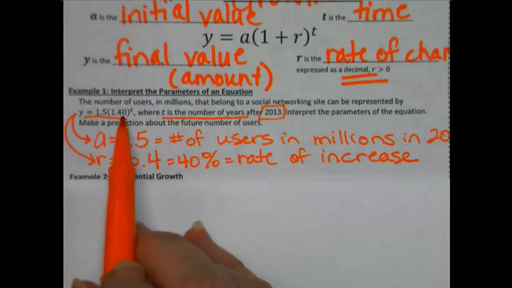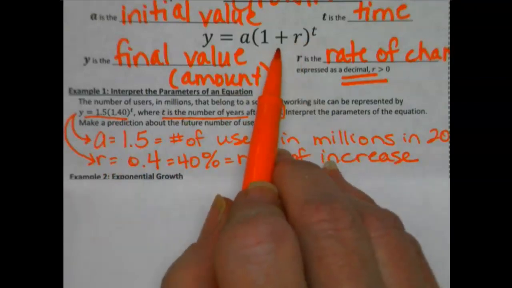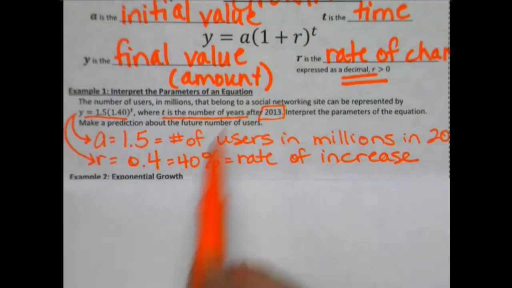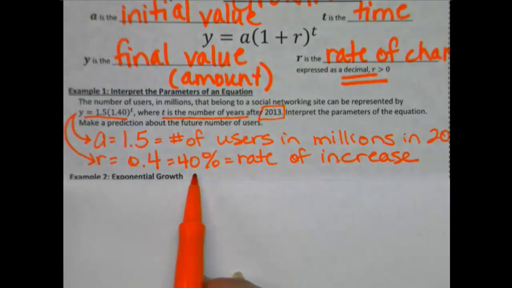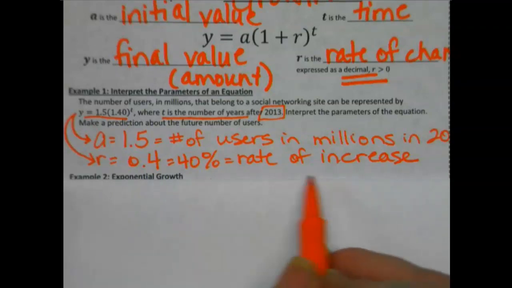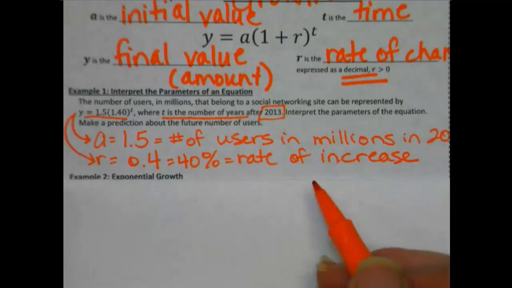And you'll notice it's 1.4. So they added 1, so really the rate is 0.4. But when you look at 0.4, that's 40%. That's a huge growth rate. That's typical, I guess, when you have a social media site taking off. It would not be typical in the amount of interest or anything where someone is paying you. It would be significantly lower than that. So just remember 0.4 is 40%, and that is the rate of increase over time.